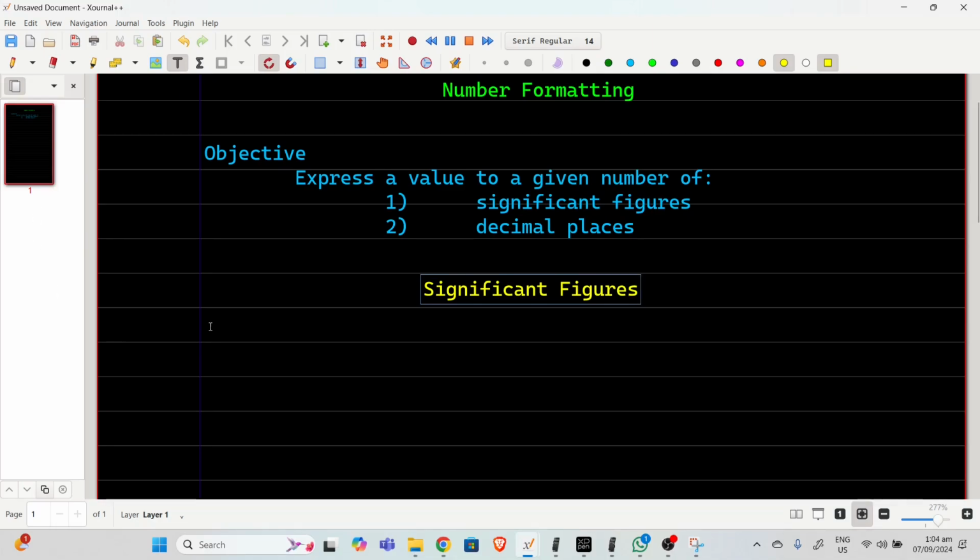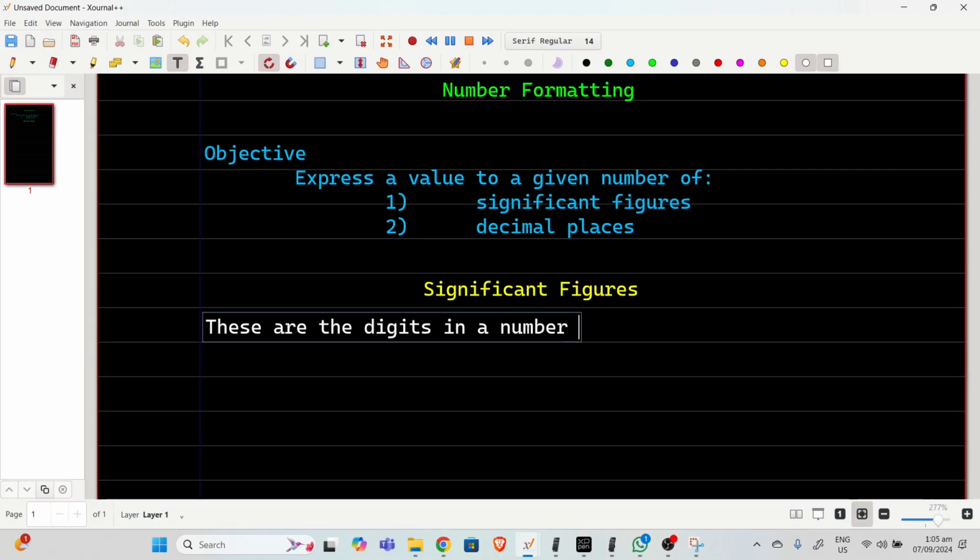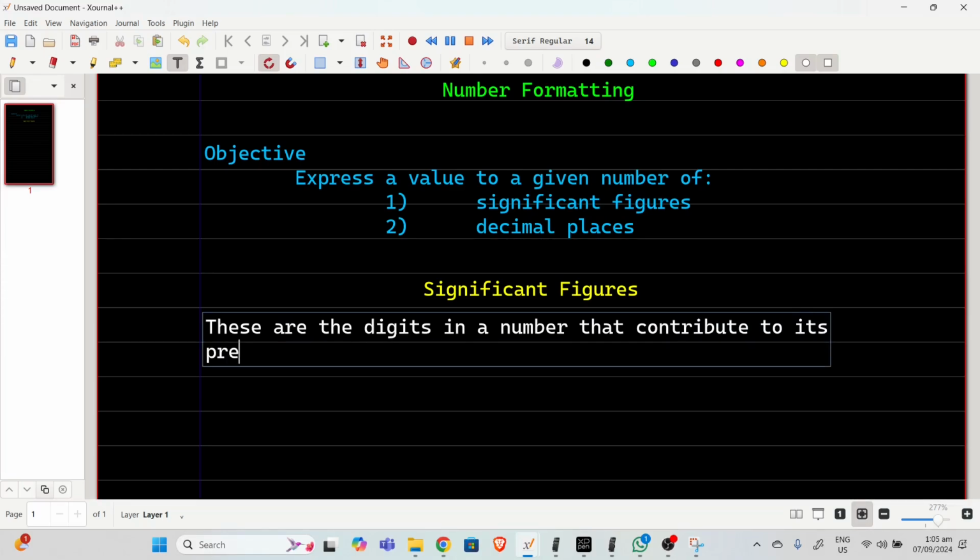Let's do a little note for significant figures so you can have an idea of what they are. These are the digits in a number that contribute to its precision.